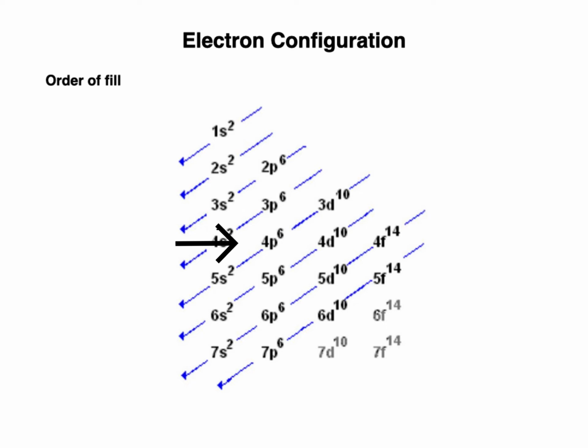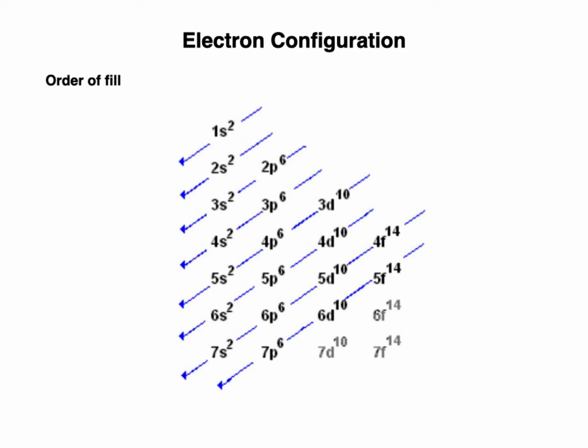The fourth line shows the different sublevels that are occupying the fourth energy level, and you can see that there is an addition of the F sublevel. The F sublevel holds a total of 7 orbitals, which can hold a maximum of 14 electrons.